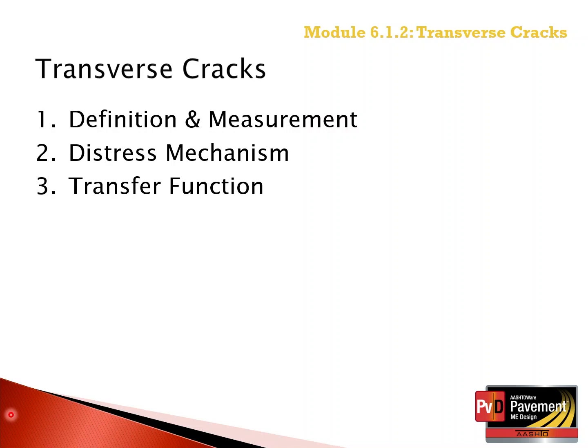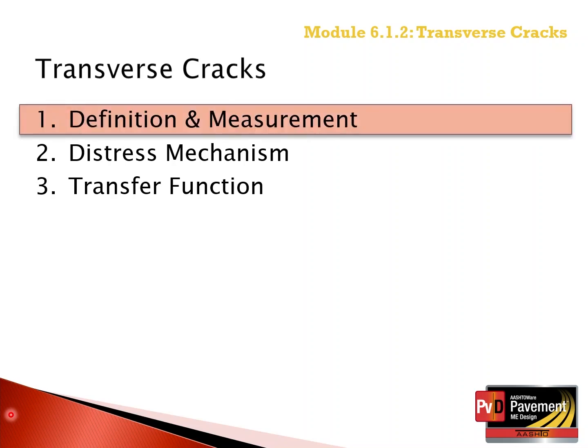And the third is a transfer function used to predict transverse cracks. As part of the third group, the asphalt wearing surface layer properties and test procedures needed in support of the models and transfer function will be discussed and listed. So let's start with the definition and measurement of transverse cracks.